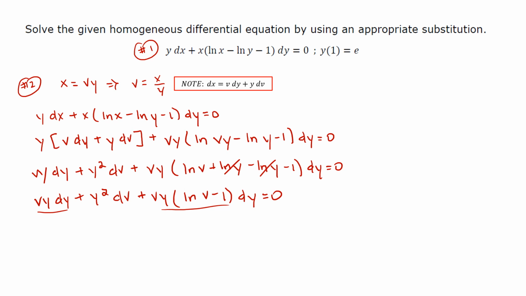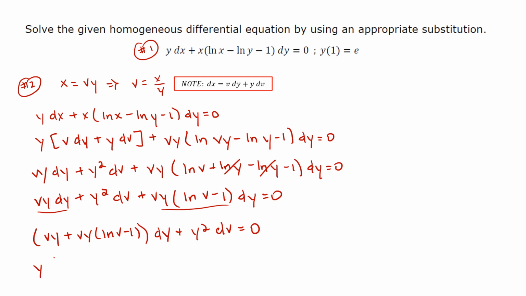So we'll have vy plus vy natural log v minus 1 dy plus y squared dv equals 0. We can now factor out a y from our first term.